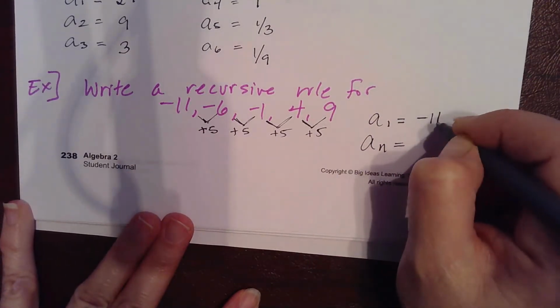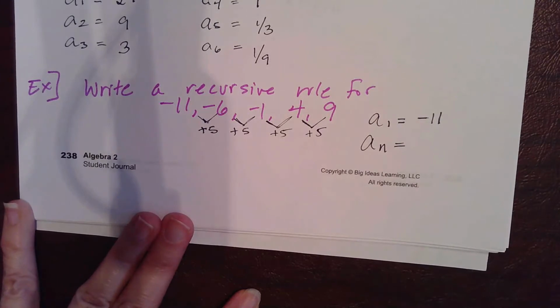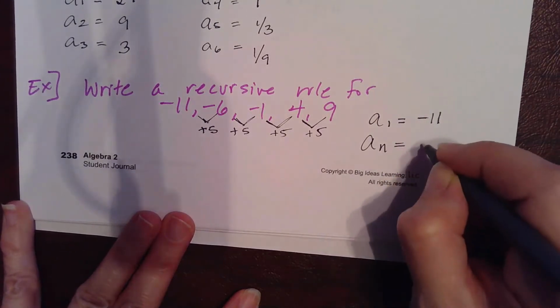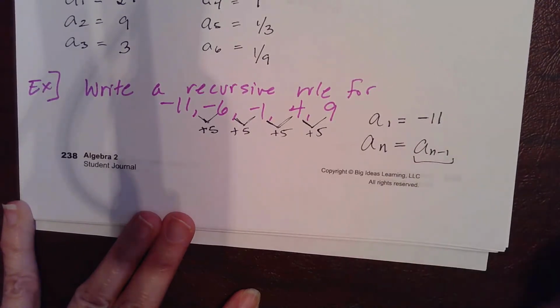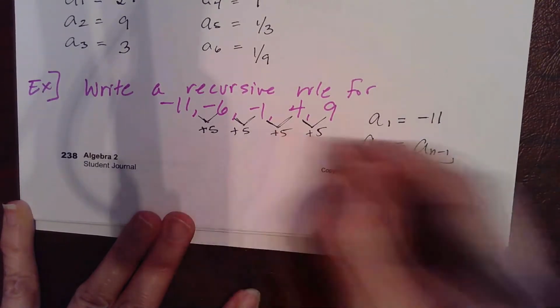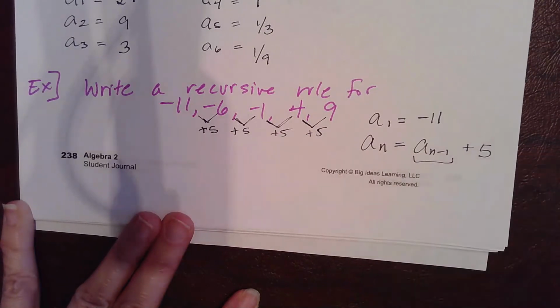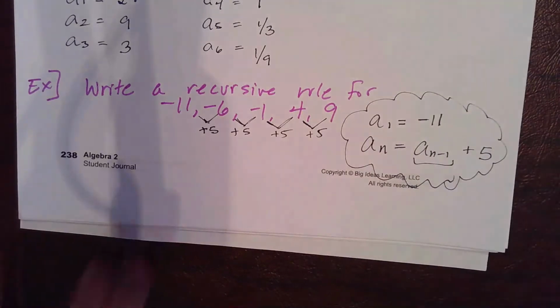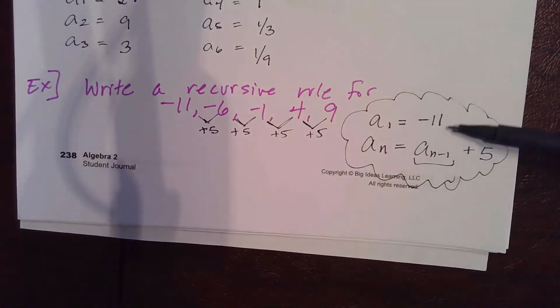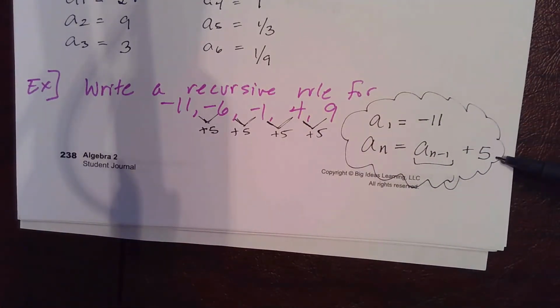So I start with my first value, which is -11, and then I say a sub n is a sub n minus 1, because that means the previous term, plus 5. You would need to tell me where to start and then how to get to the next terms.